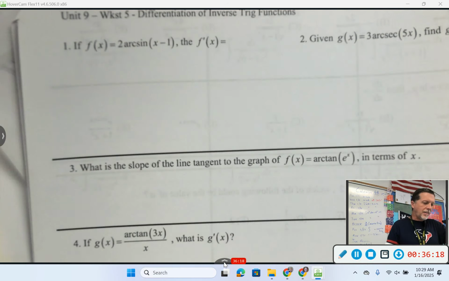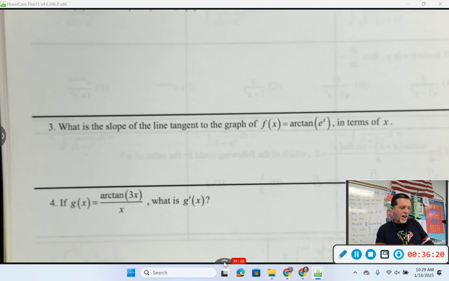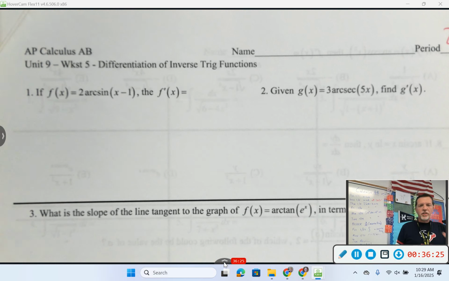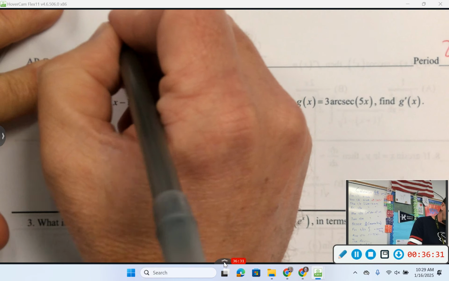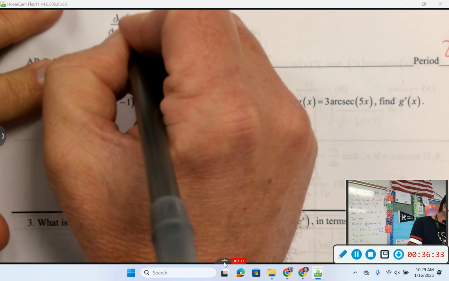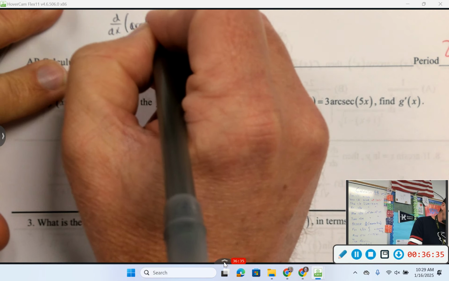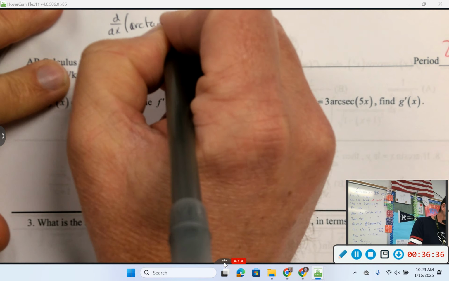All right, today's assignment is worksheet 5. Get out the worksheet, and at the very top, let's rewrite the 3 main equations here.